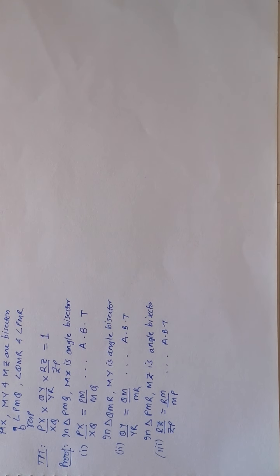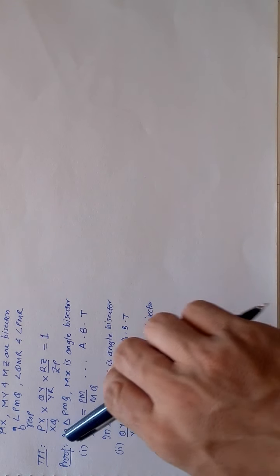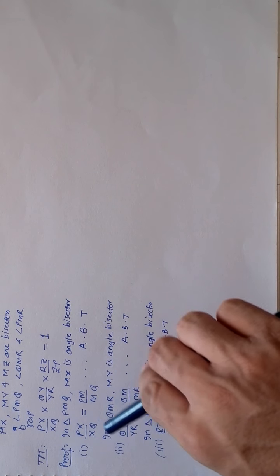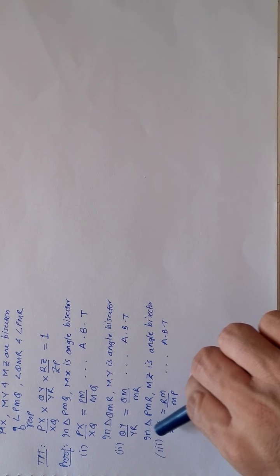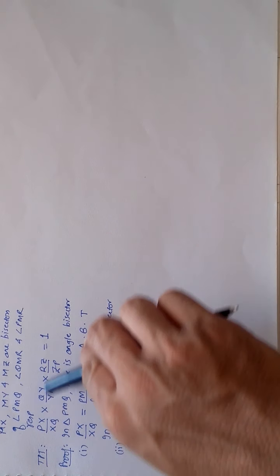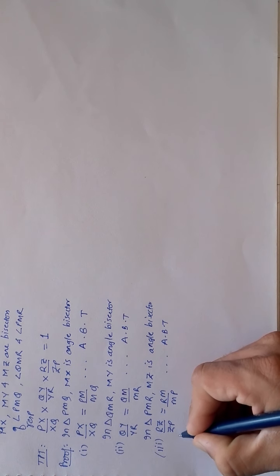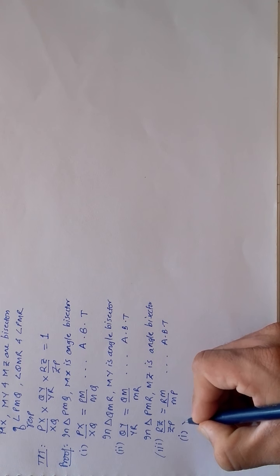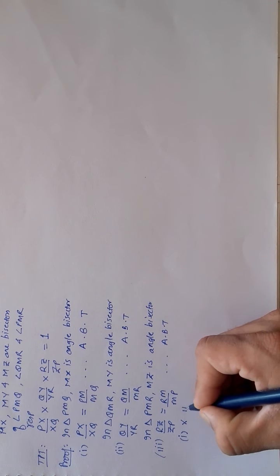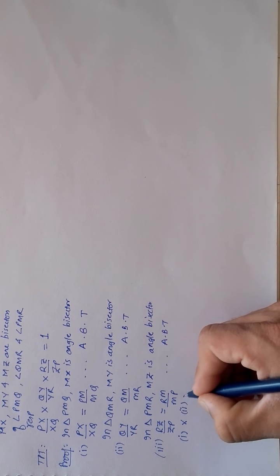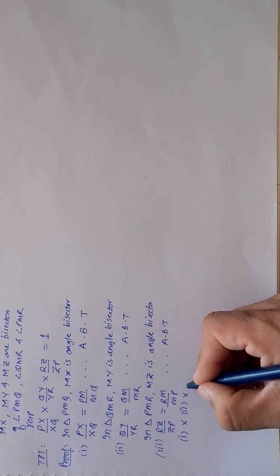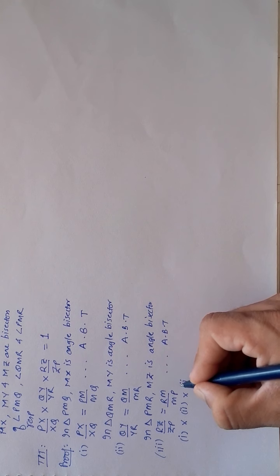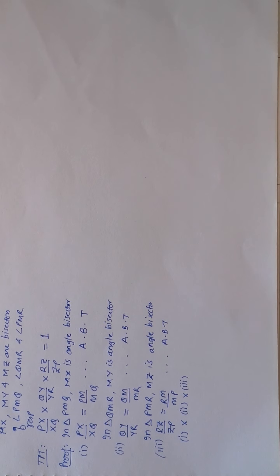Now you can see I got PX is to XQ, QY is to YR and RZ is to ZP. Now multiply: ratio number 1 into ratio number 2 into ratio number 3, multiplying left to left.